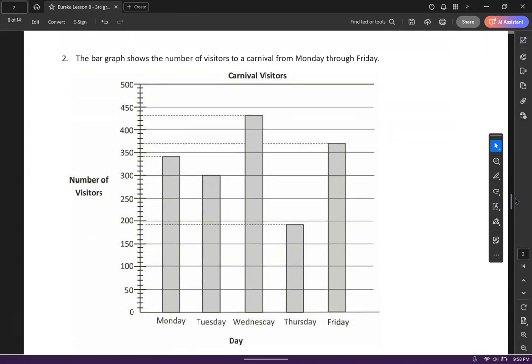The bar graph shows the number of visitors to a carnival from Monday through Friday. Okay, so first thing we need to do, we need to label. Now here's going to be a little more difficult because they're counting by 50s, and in between each one is 10.